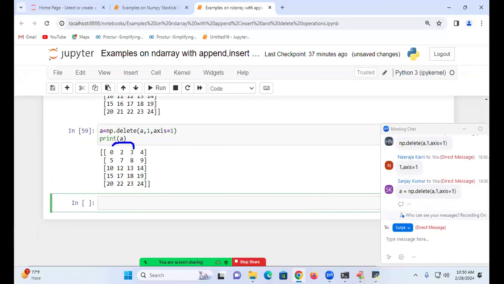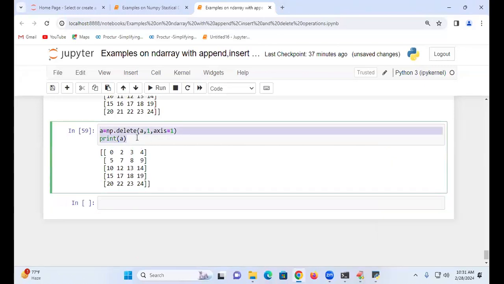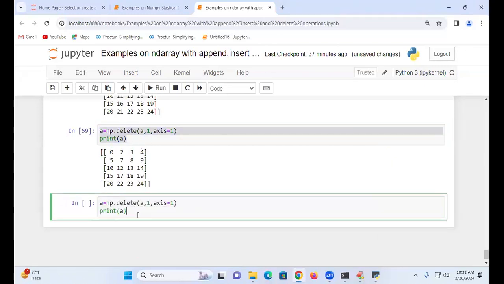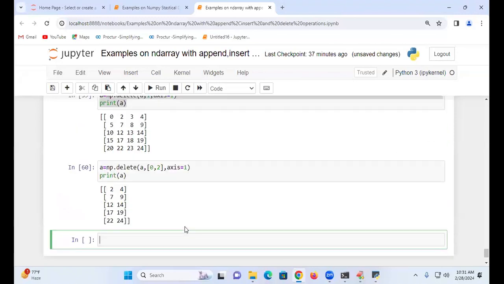Now I want to remove these two, index 0 and 2. np.delete(a, [0, 2], axis=1). Same axis. Got it or not? Yes, gone.